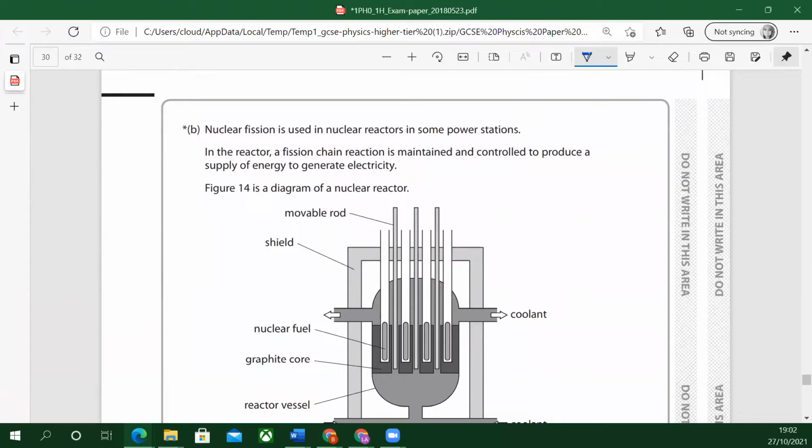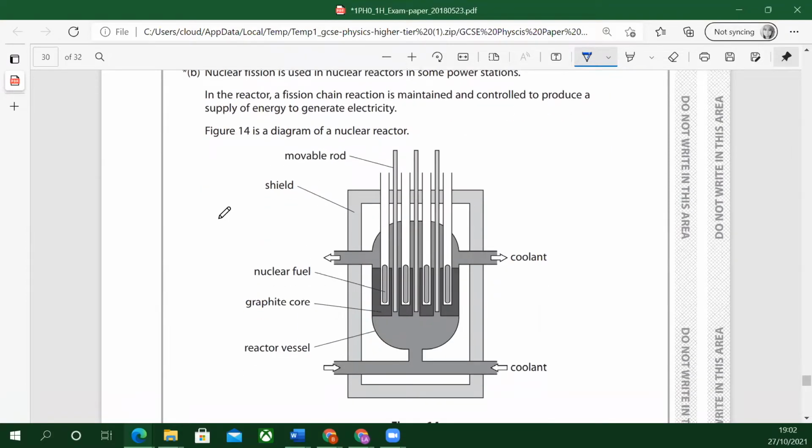Okay, one of my favourite topics. It's a good one to get asked a question on. Now, you might think it's not a good one, but it is. Nuclear fission is used in nuclear reactors and some power stations. In the reactor, a fission chain reaction is maintained and controlled to produce a supply of energy to generate electricity. Figure 14 is a diagram of a nuclear reactor: movable rods, shield, nuclear fuel, so that's uranium usually, graphite core, and reactor vessel.